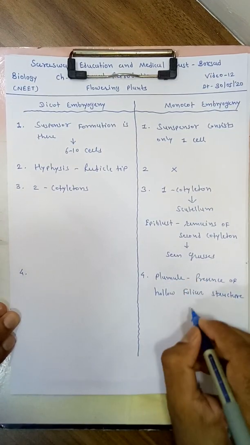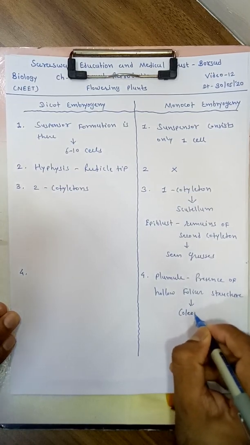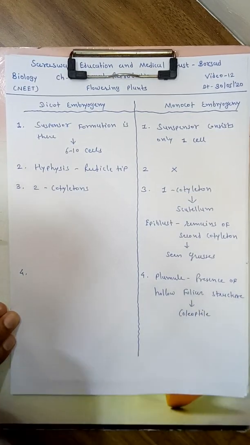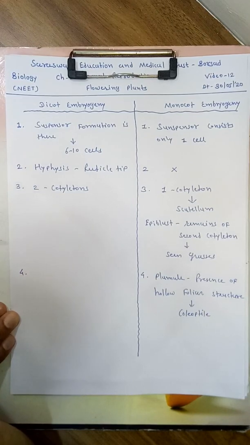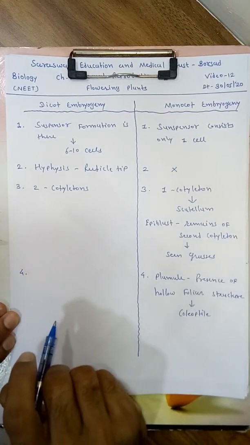So this covering is known as coleoptile. આ જે કવરિંગ છે એને આપણે શું કહીએ છીએ? ભ્રૂણાગ્રચોલ. પ્લુમ્યુલ એટલે ભ્રૂણાગ્ર, તો આ થયું ભ્રૂણાગ્રચોલ.